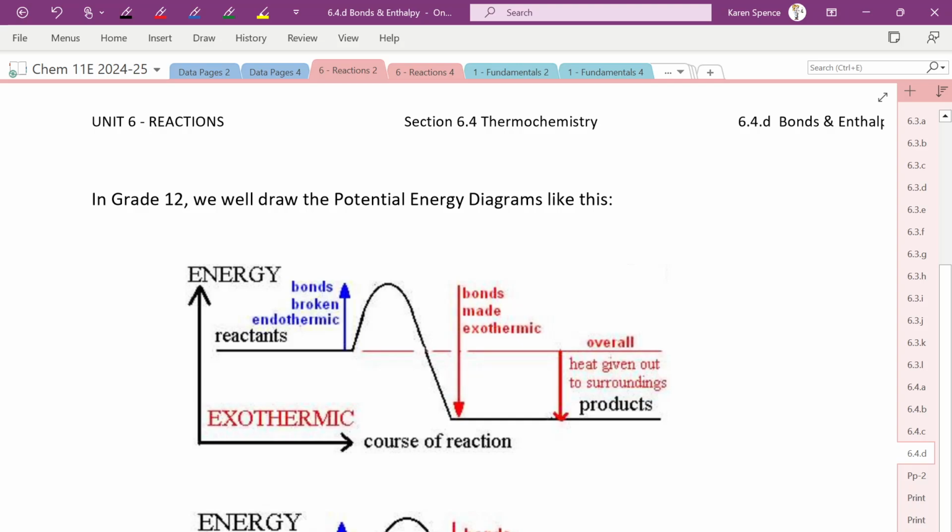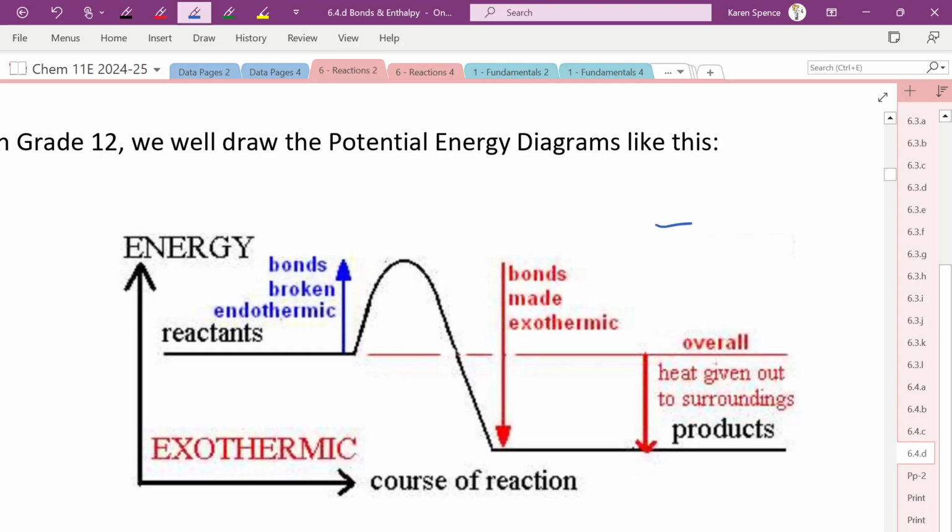Yes? Okay. So in grade 12, what we do is we draw potential energy diagrams. We don't just go like this. We actually draw and we go, here's my reactants. And then all the bonds break. Yes? And then all the bonds form. And this is the energy needed to break the bonds, going up to that peak.